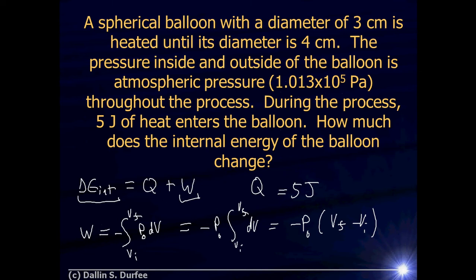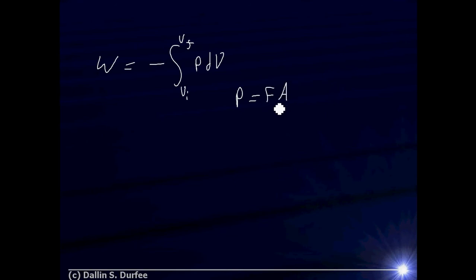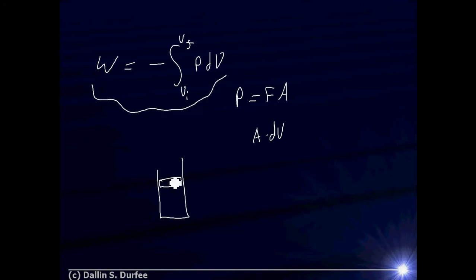Going back, why does work equal negative the integral of P dV? Well, because pressure is force over area, alright? And if I take area times dV, the change in volume, imagine if I had a piston. This is just review, this is not part of the problem, but just reminding you where this comes from so it's not mysterious.